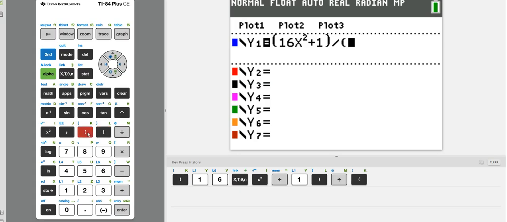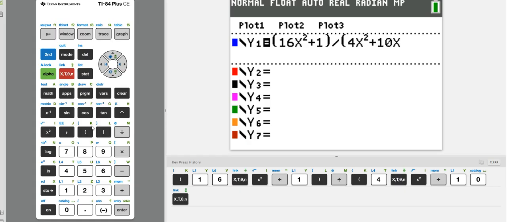If you don't get the parentheses around the whole denominator, it's just not going to work. 4x squared plus 10x minus 14, and then a right parenthesis.